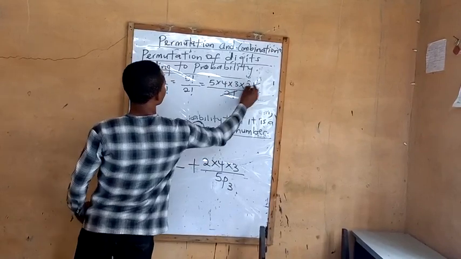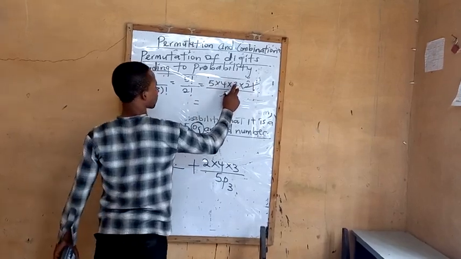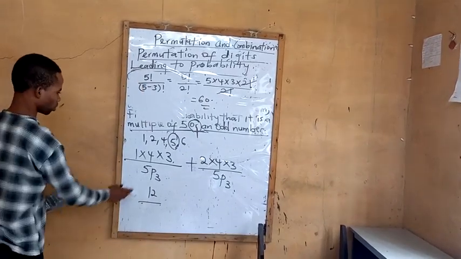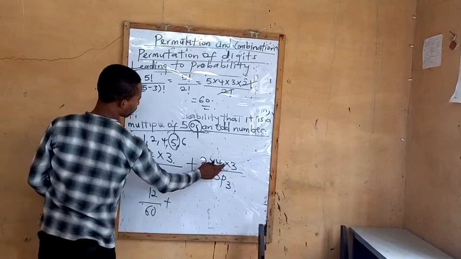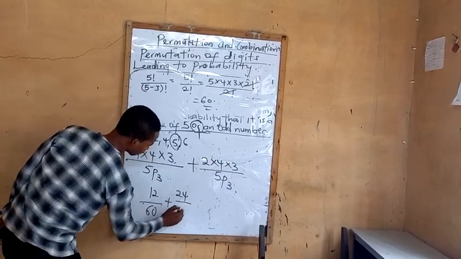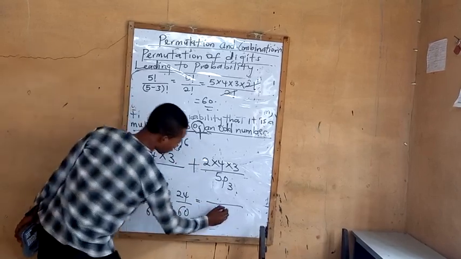The 2 factorials cancel. 5 times 4 is 20, 20 times 3 is 60. So 5 permutation 3 is 60. Plus 2 times 4 is 8, 8 times 3 is 24, so 24 all over 60. The LCM is going to be 60.